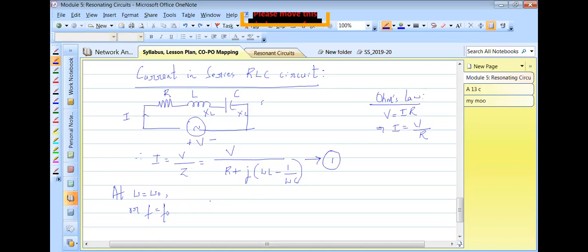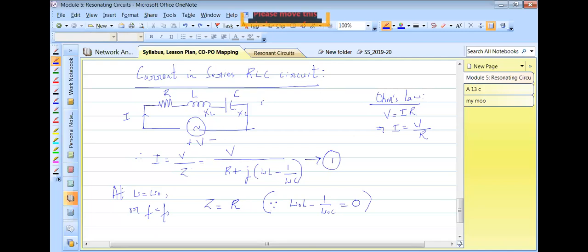Now, what is Z at omega equal to omega naught? Z is R. Understand that? Why is Z R? Since omega naught L minus 1 by omega naught C is 0 at resonance.